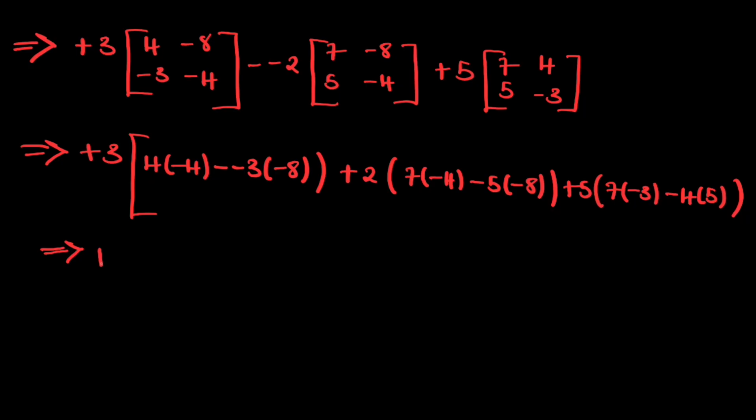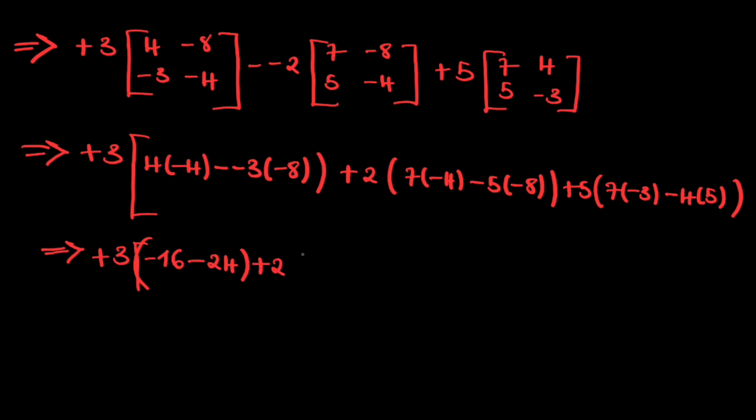So we simplify. Plus 3, 4 times minus 4 is minus 16. Now plus 3 times minus 8, minus 24.